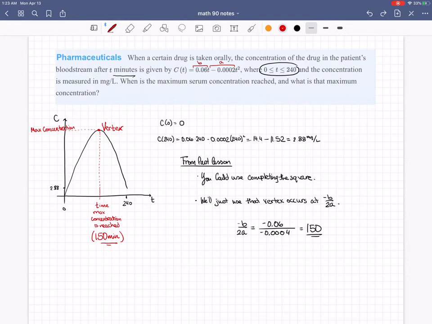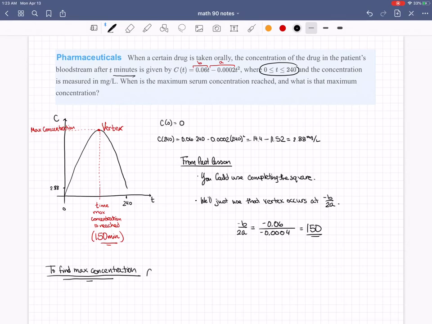To find max concentration, which is the other part of the problem, you could go back to our last example where we were able to find a shortcut for the y-coordinate of the vertex. But as I told you before, it's much clunkier and usually we don't bother remembering it.